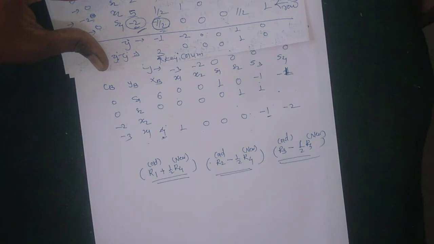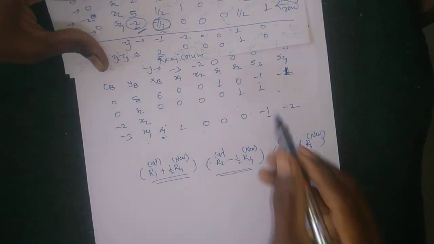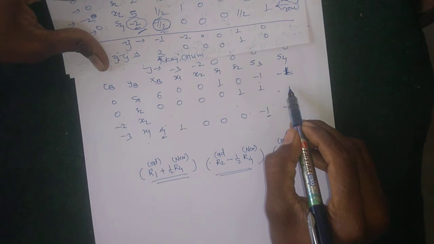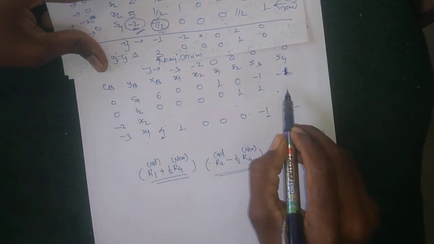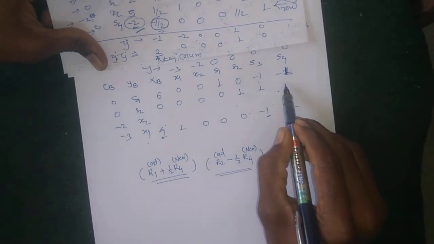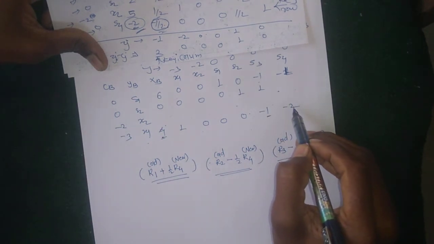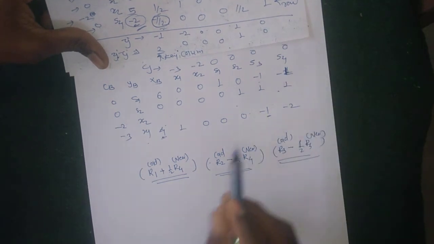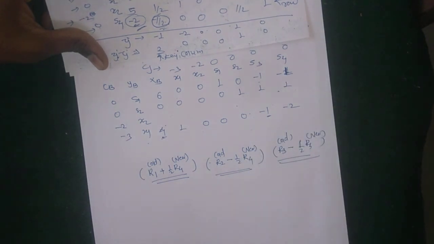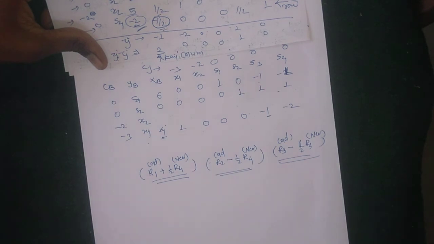This is correct. Then the s4 column and second row, the value is 0 plus 1 by 2, which is 1 by 2.